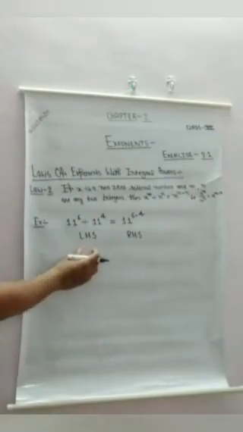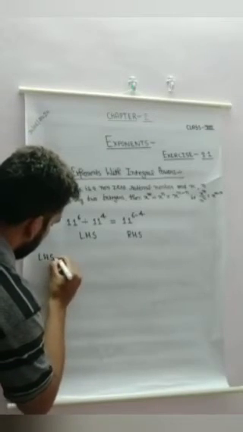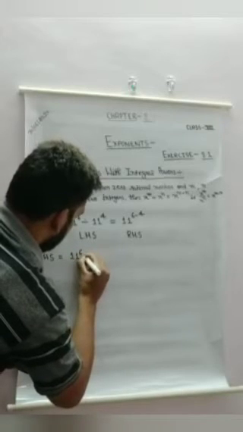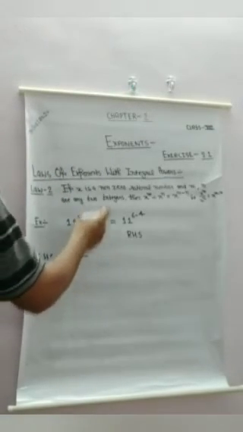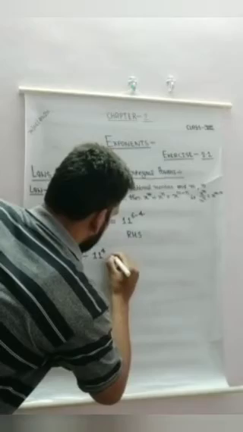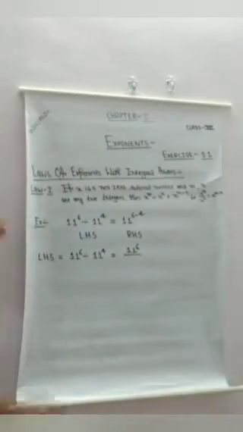First, we solve our LHS, which is equal to 11 raised to power 6 divided by 11 raised to power 4. We can write as 11 raised to power 6 upon 11 raised to power 4.